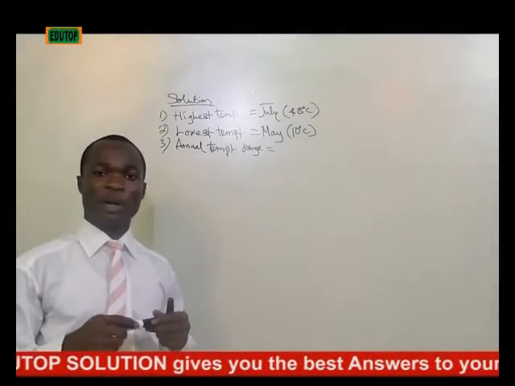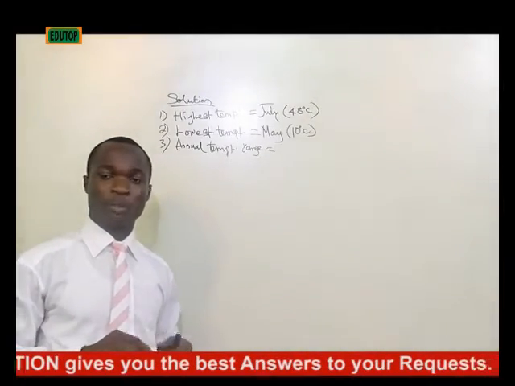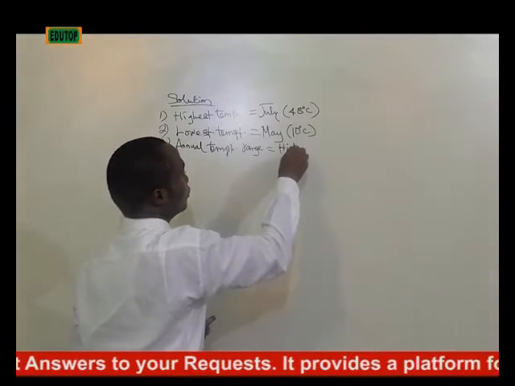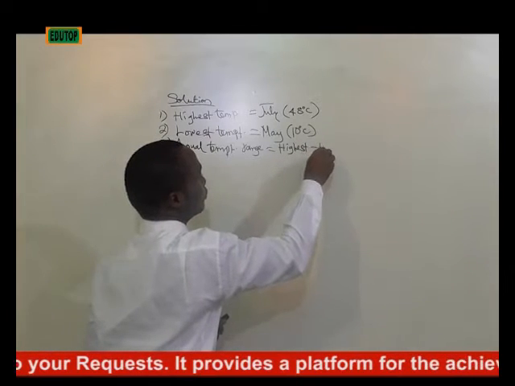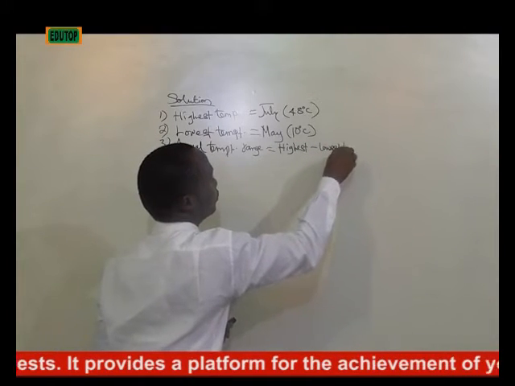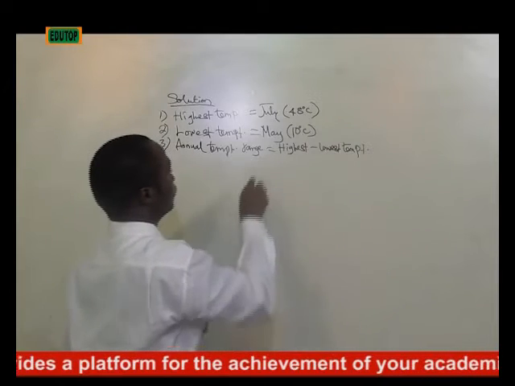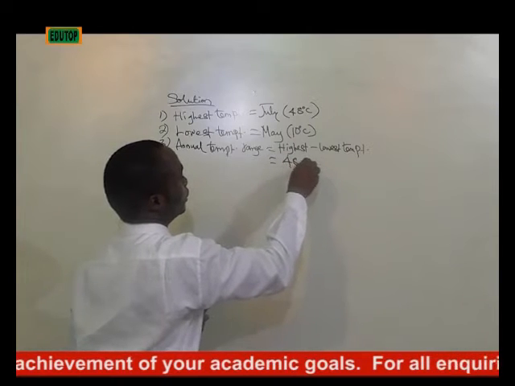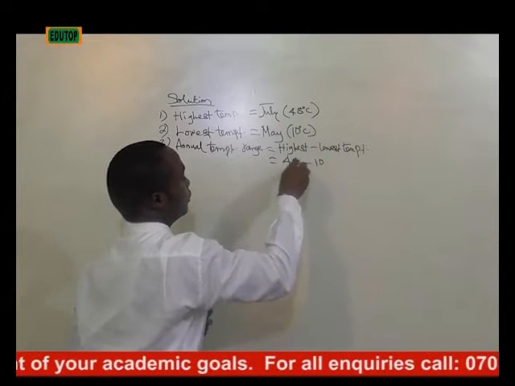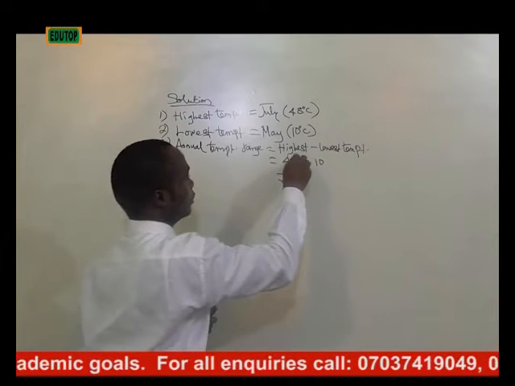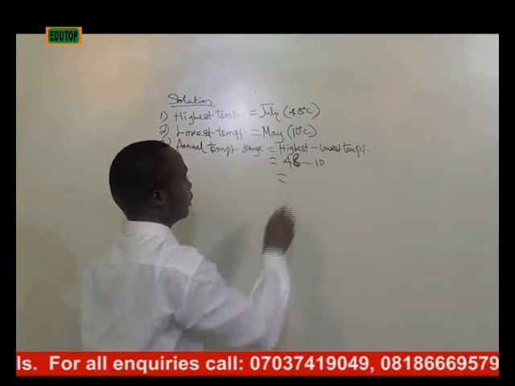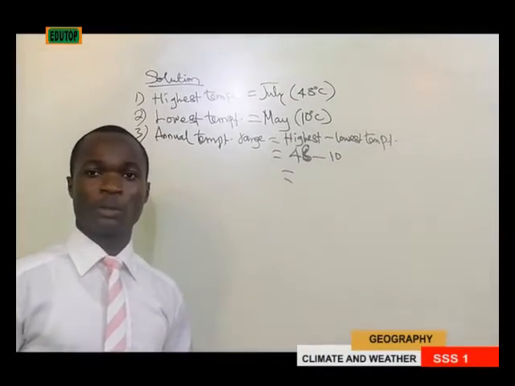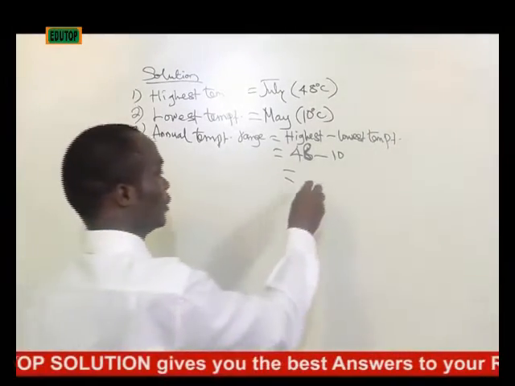The formula for finding that is the highest temperature minus the lowest temperature, which is equals to 48 minus 10. That will give us 38 degrees Celsius.